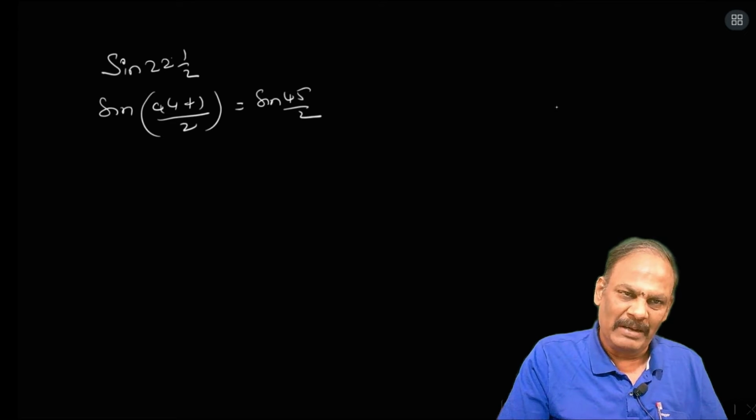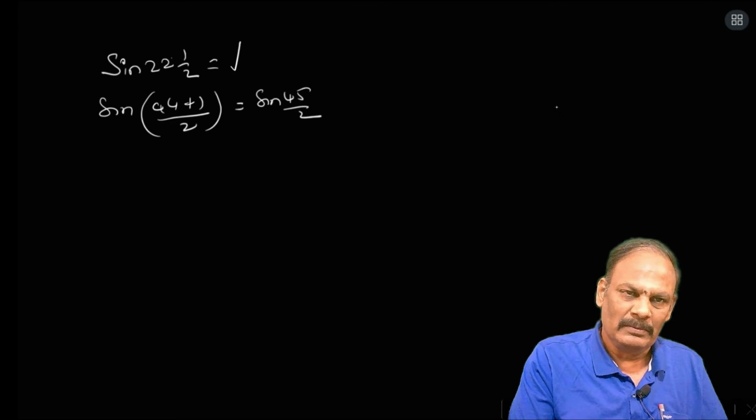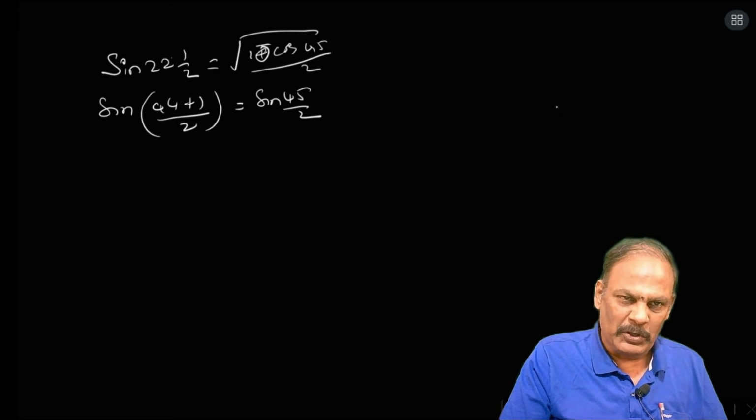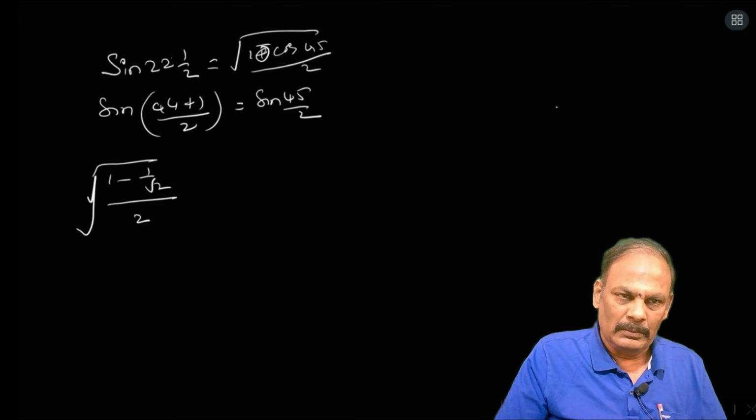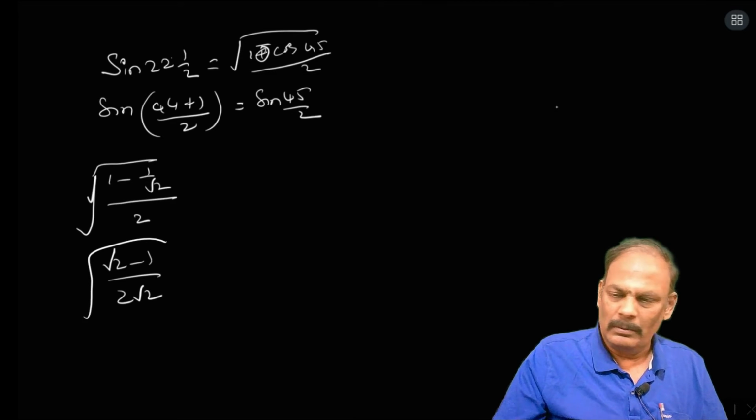Again we are substituting the same formula, that is root of 1 minus cos 45 whole by 2. Now substituting the values, root of 1 minus 1 by root 2 whole by 2. That is root 2 minus 1 by 2 root 2 under root.